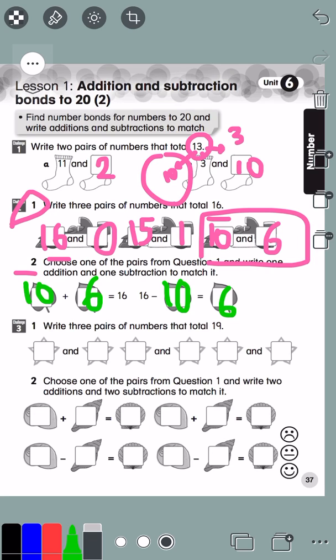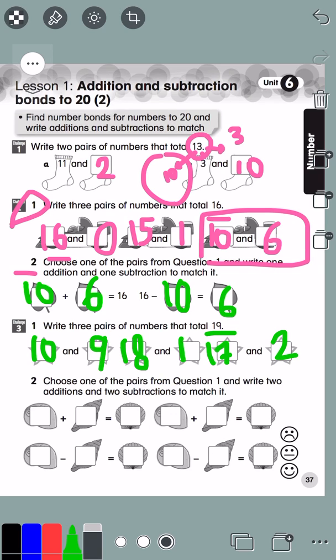Now for the number 19, it's easy as well. So 10 plus 9 equals 19, or you can say 18 plus 1 equals 19, or 17 plus 2 equals 19.